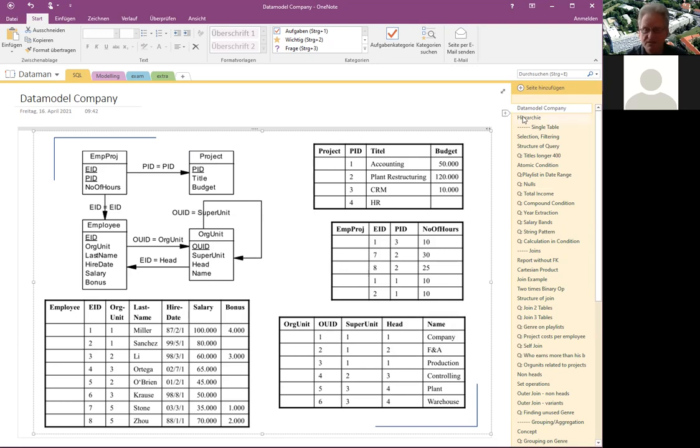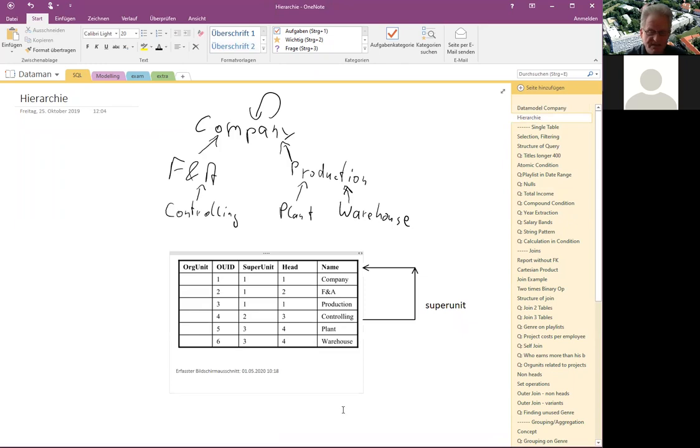And now let's try to see why that represents an organizational hierarchy. So again, we have the table here, and I have added this foreign key here, going from subunit to OUID. Let's take the company record. So the company record has the OUID number 1, and it has as a subunit itself.